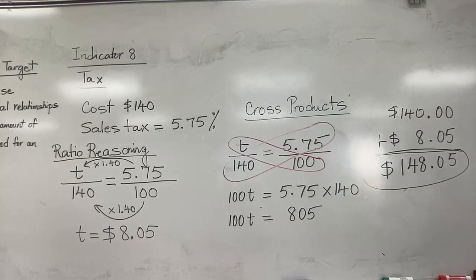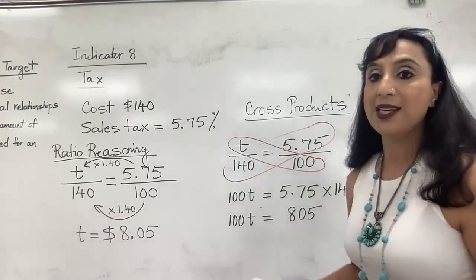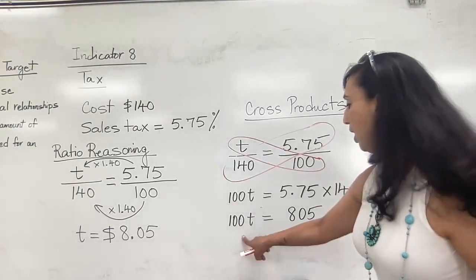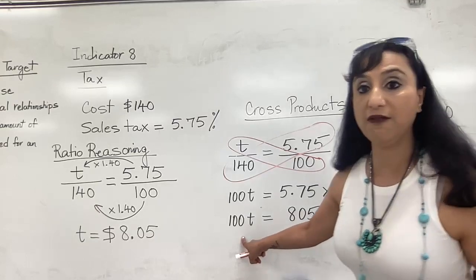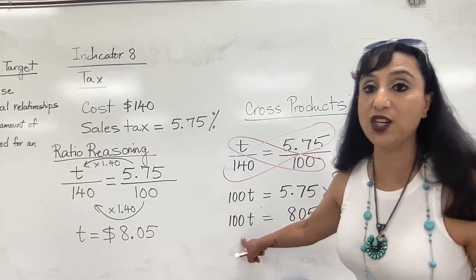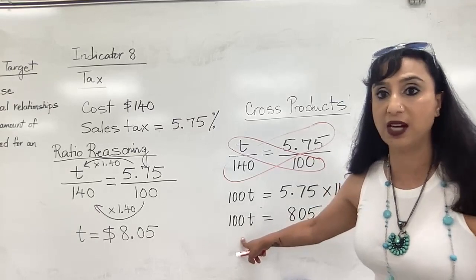All right. And then next thing I'm going to do is solve for this one-step equation. Since this is multiplication, the opposite of multiplication, or the inverse operation, is going to be the division property of equality. It's a one-step equation.